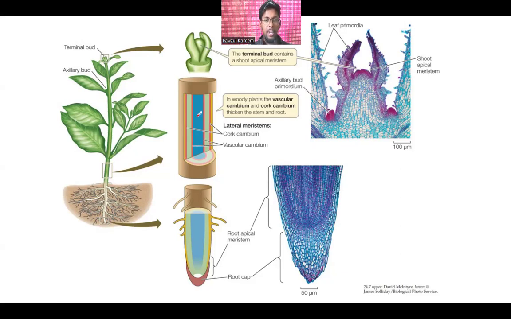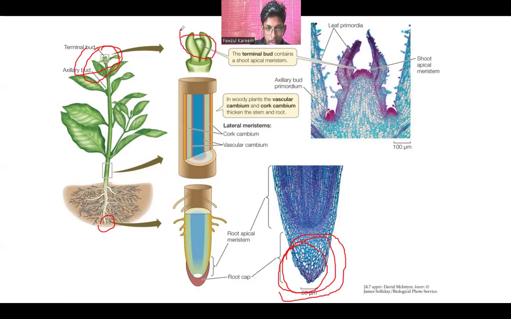They have the ability to divide. Here in the bud, and here in the tip, as I discussed sometime before this part. In this area and in this area, you can see the meristematic tissues.